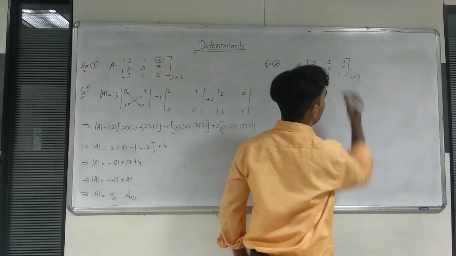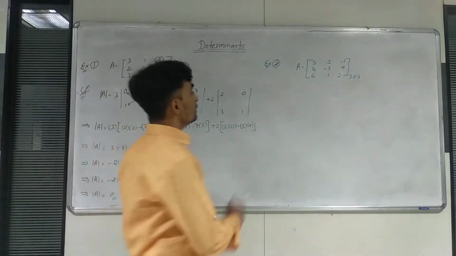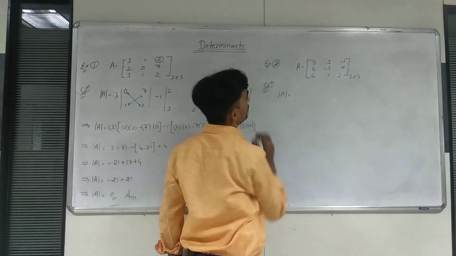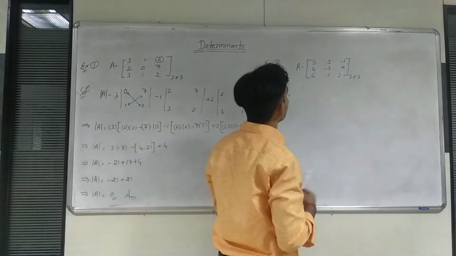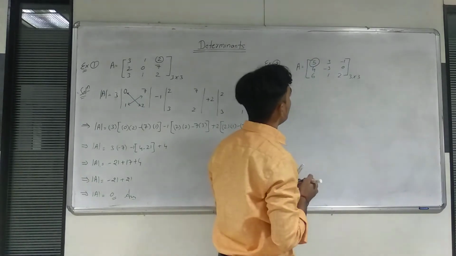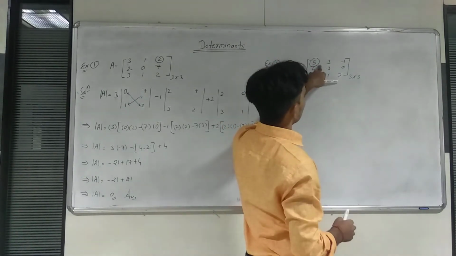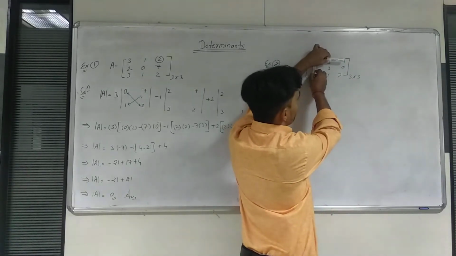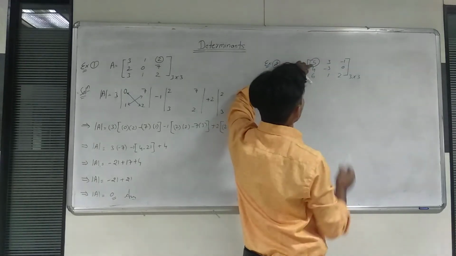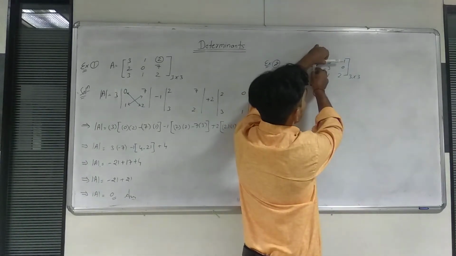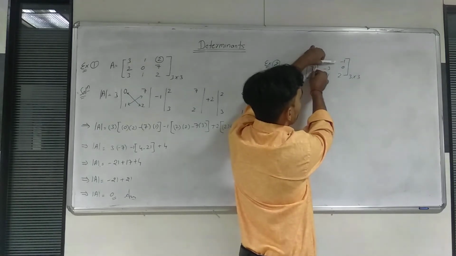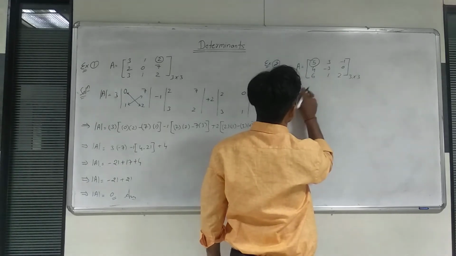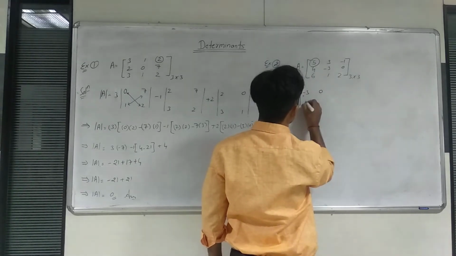Again 3 cross 3 means 3 rows and 3 columns. First of all, same method: determinant of A equals, for the first entry 5, what can we do? The entries containing the same row and same column you should neglect. The row and column in which the entry 5 lies, remove them, and from the rest make a 2 cross 2 determinant. So it is 5 into minus 3, 0, 1, 2.